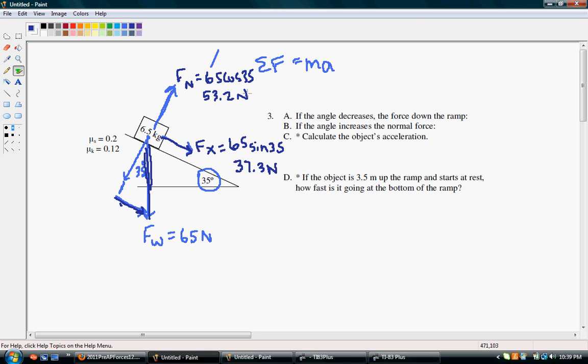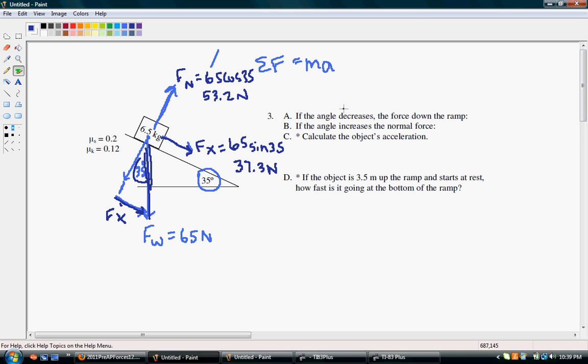The reason that the sine and cosine are flipped for this is because normally our y is our opposite. Notice that when we're using this angle, our Fx now becomes our opposite, and this side, which will be equal and opposite to our normal force, will be our adjacent.